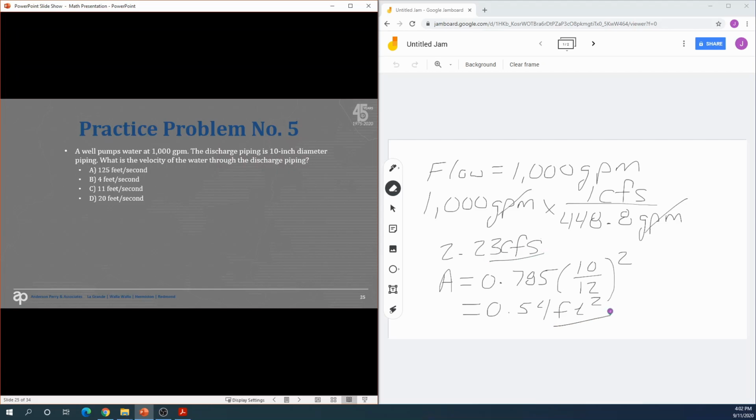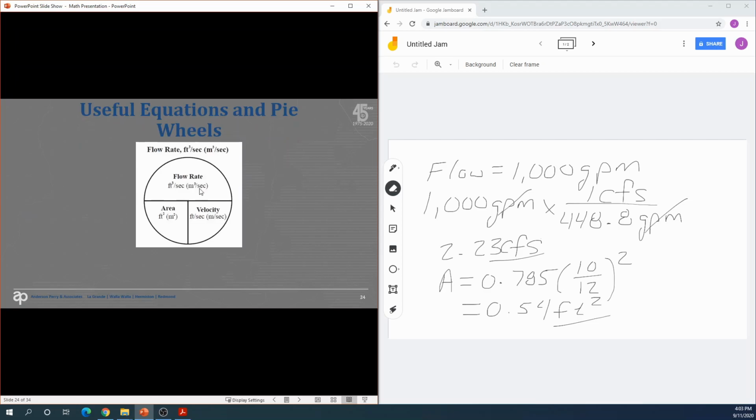So now we have a flow rate in cubic feet per second, and we have an area in feet squared. Going back to our pie wheel, we know that the flow rate is equal to the area times our velocity. We're trying to solve for velocity, so we take our flow rate, divide it by our area, and that's going to give us our velocity.